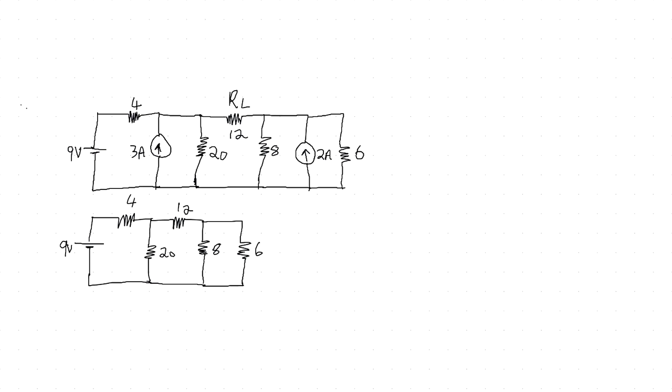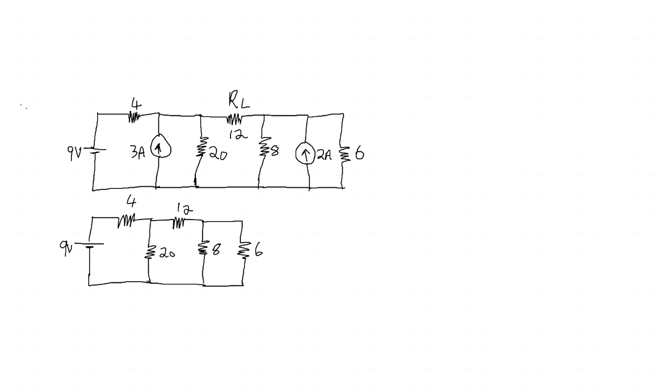I'm looking for the current through RL with only one source, so I'm going to apply circuit analysis to get the current through the 12 ohm. When you want to calculate the current of a resistor, you always start away from the source to get the total resistance.